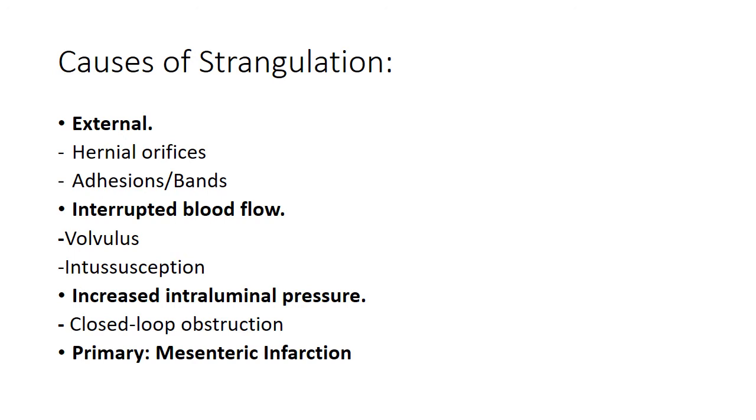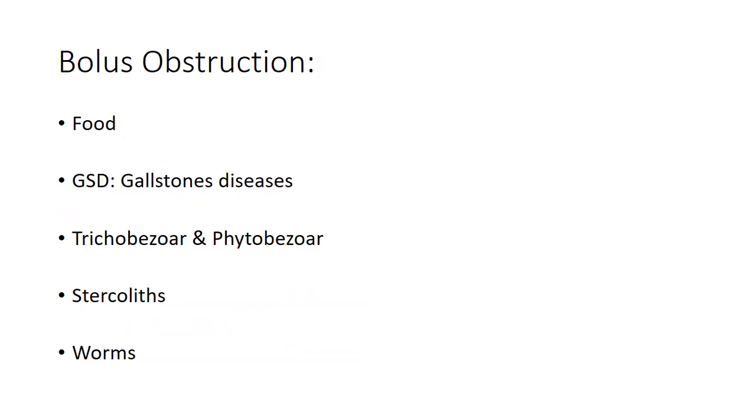And fourth one is primary, in which mesenteric infarction occurs. Please remember the causes of bolus obstruction, which are food, gallstone disease, trichobezoars, phytobezoars, stercolith, and worms.